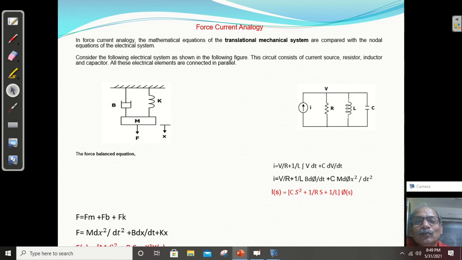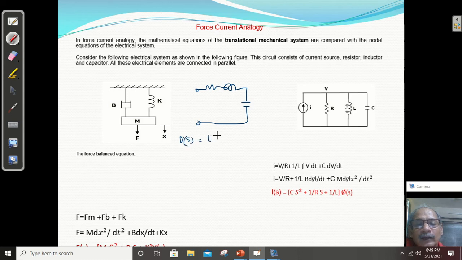So suppose you want to develop the force current analogy, and suppose I am going to develop this. This is R, L, C. This is the voltage. What was the equation here? KVL: V of S equal to what came?